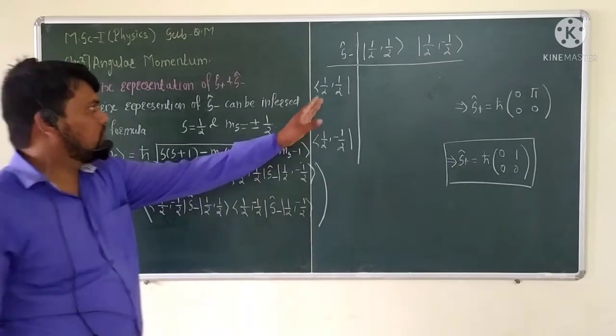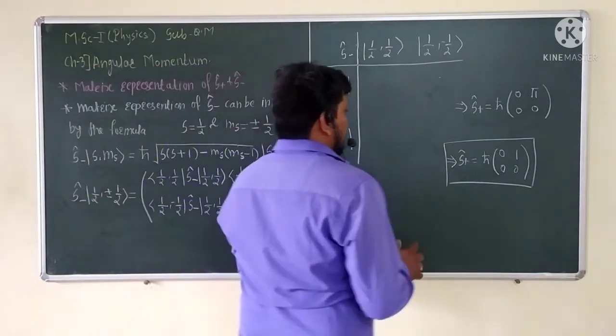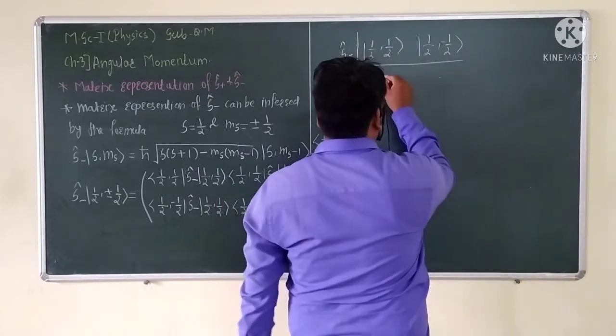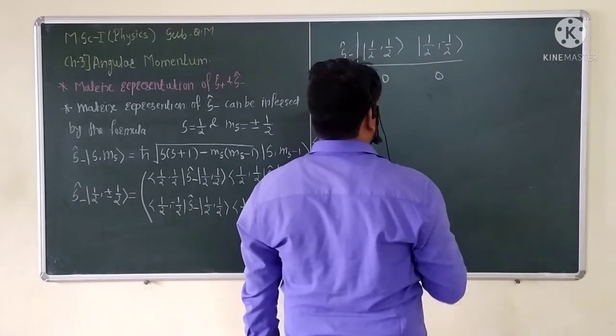And here your basis is nothing but the ms values half and half, so that's why this value we are getting is 0. Okay, if we do this calculation, this is also 0.